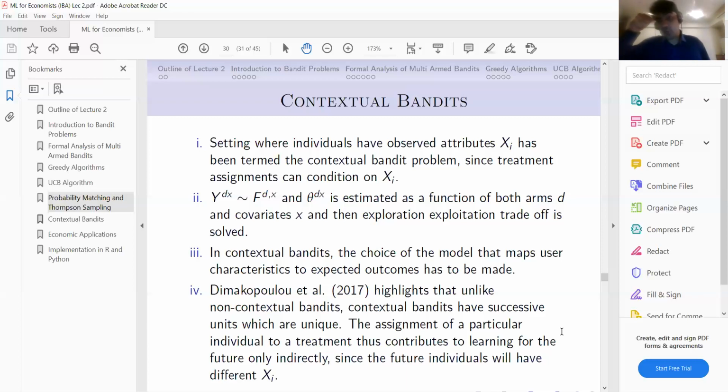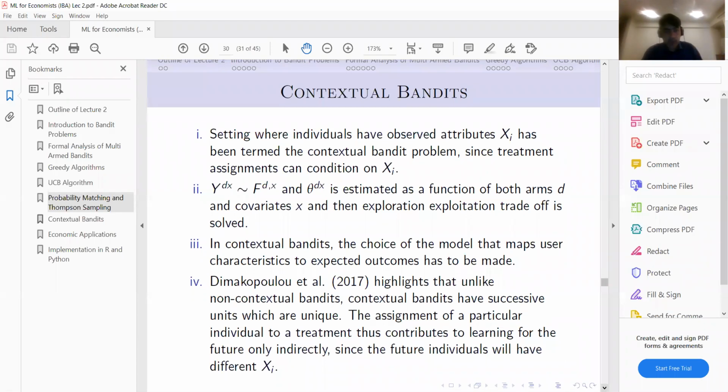The extent to which what you've learned at time t is generalizable to time t+1 will now become limited, because the individual coming to you for treatment assignment at time t+1 is a very different individual. He may have a different gender, he may be older, he may be smarter, and so on. So they have different x_i, and this adds more layers of complexity to the bandit problem. These are known as contextual bandits.